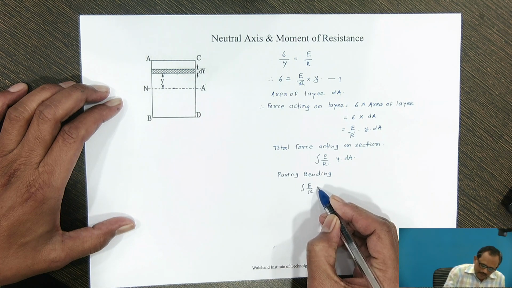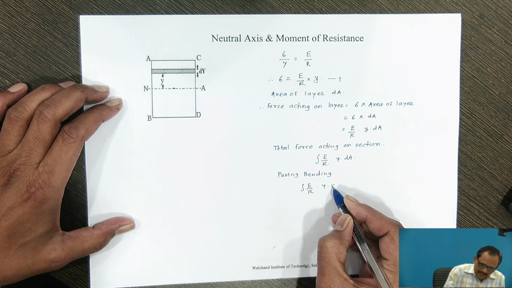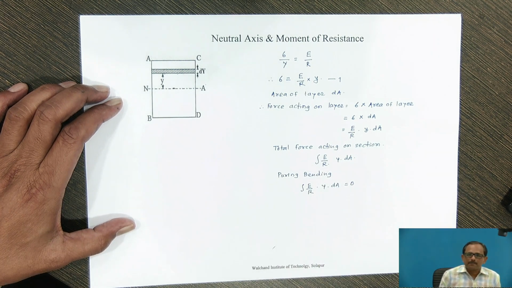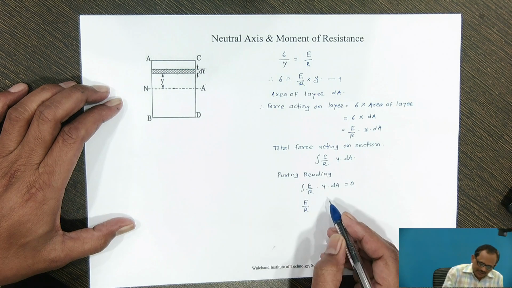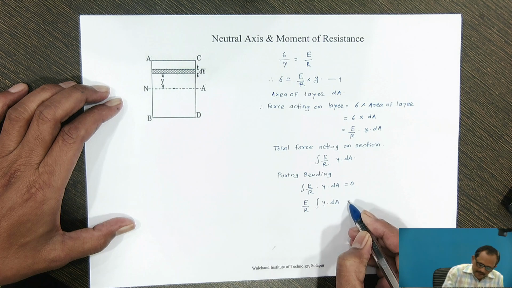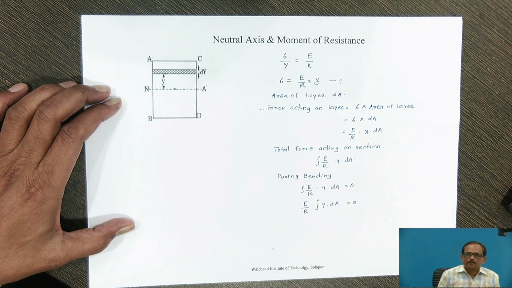integration of E upon R y dA is equal to 0. Taking E upon R outside the integration sign, integration of y into dA is equal to 0.